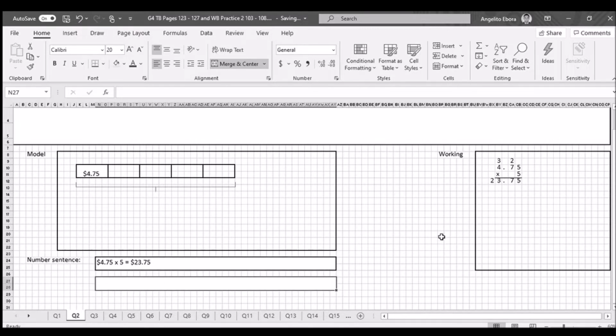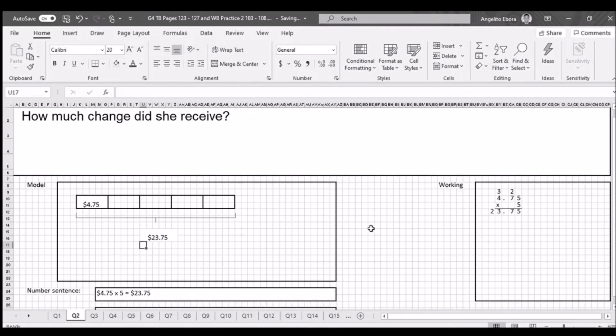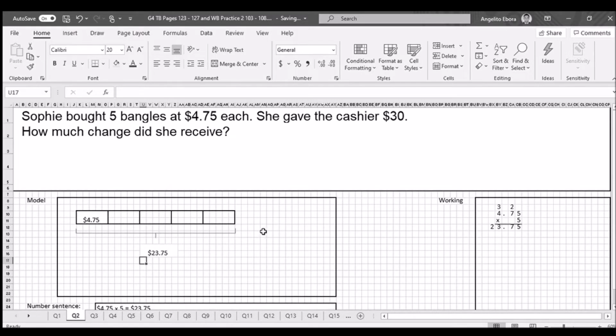So this is the cost of the 5 bangles. Okay. Now, $23.75. You want to buy this, okay? And you gave the cashier $30. How much change will you get?